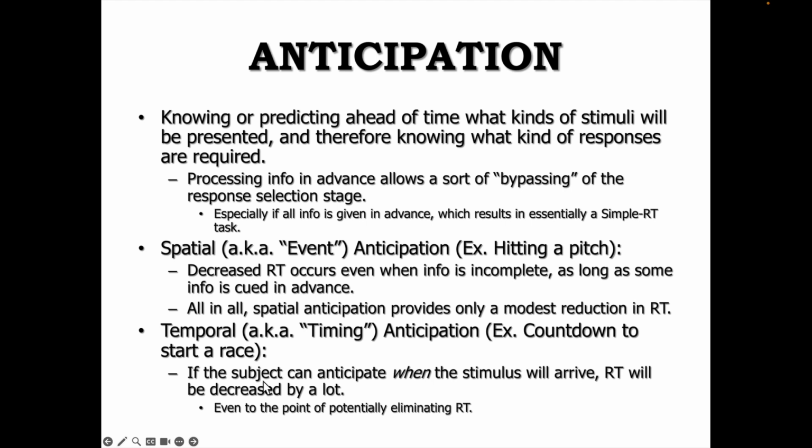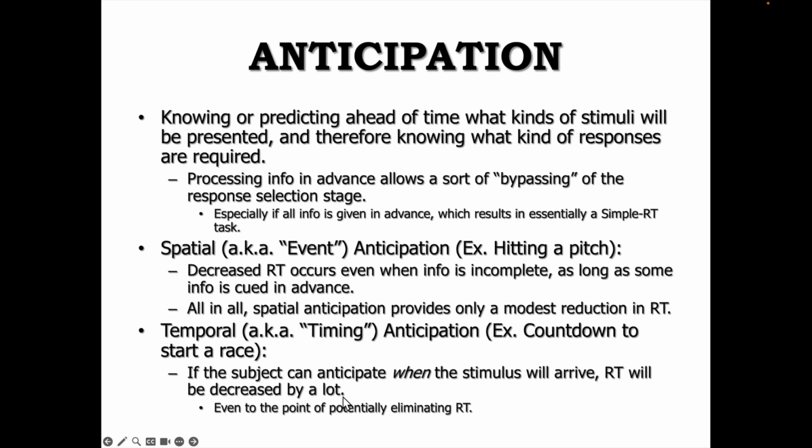What typically creates a stronger decrease in reaction time is temporal anticipation. So for example, counting down to start a race. If the subject can anticipate when the stimulus will arrive, reaction time will be decreased by a lot.